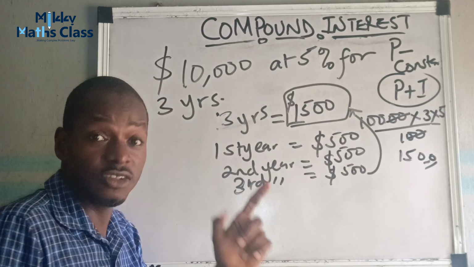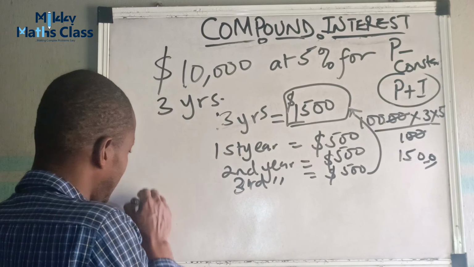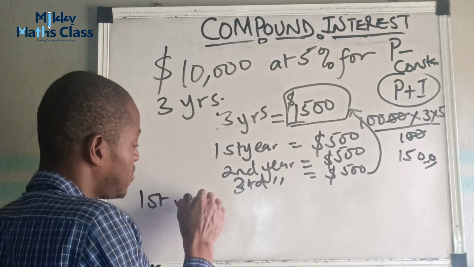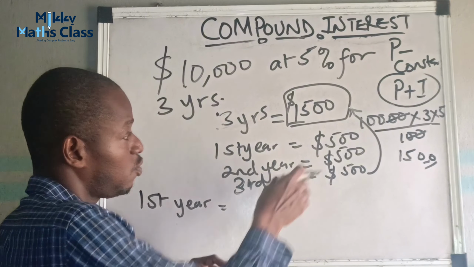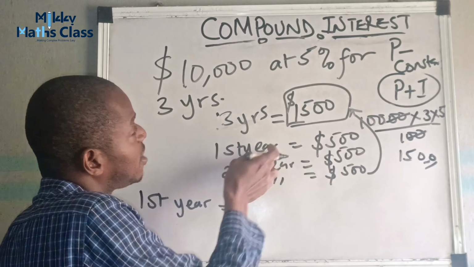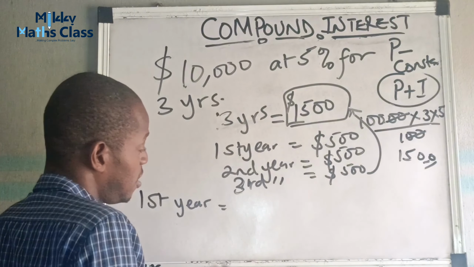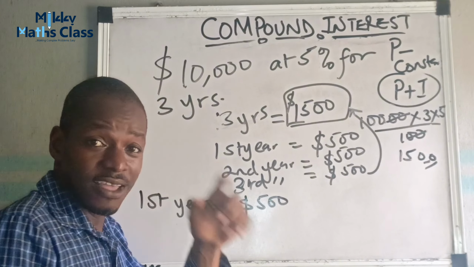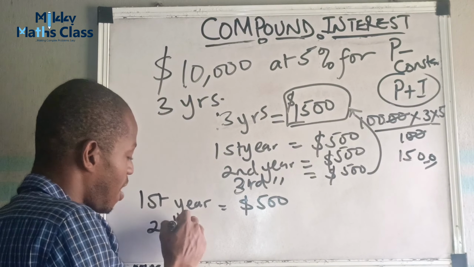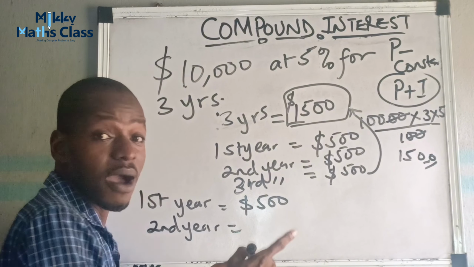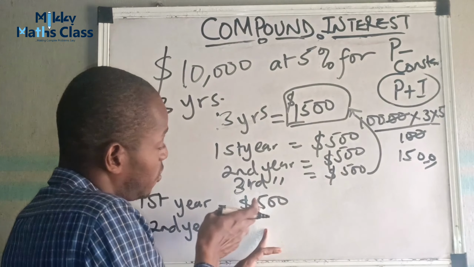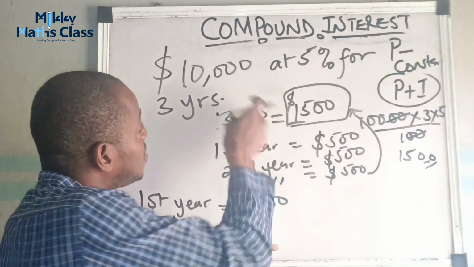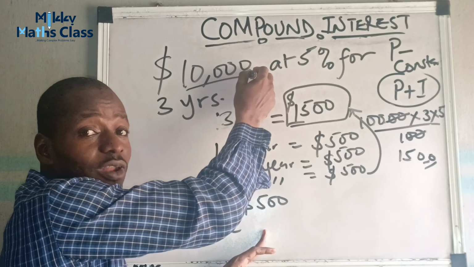But for compound interest, for the first year, the interest will be $500, 5% of $10,000. Now, for the second year, the interest will be added to the principal. The principal was $10,000.